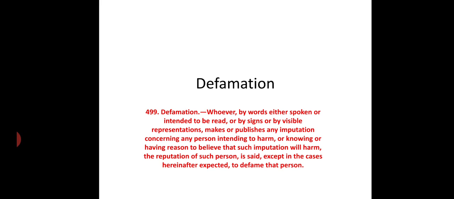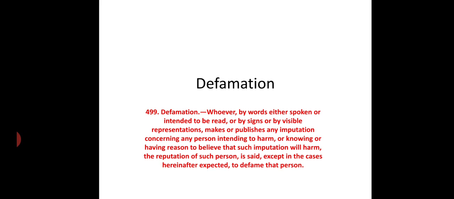The words used here in Section 499 are intending to harm, or knowing or having reason to believe that such imputation will harm. It means there must be an intention to harm the reputation of the complainant, or the knowledge that the imputation will harm the reputation of such person.